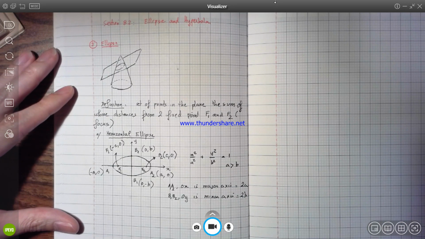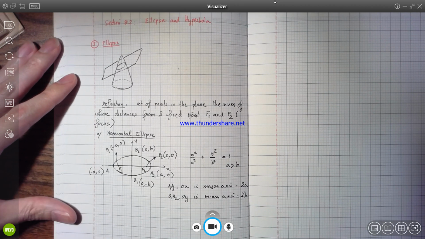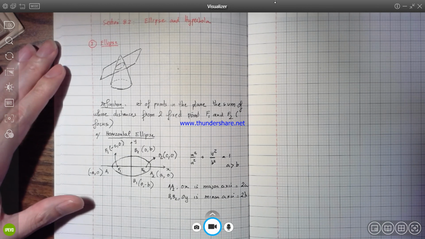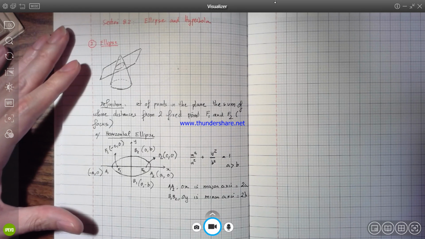Other than that, we also have the relation between A, B, and C. It means that if we know the major axis or minor axis, we can find C. If we know major axis and C, we can find minor.